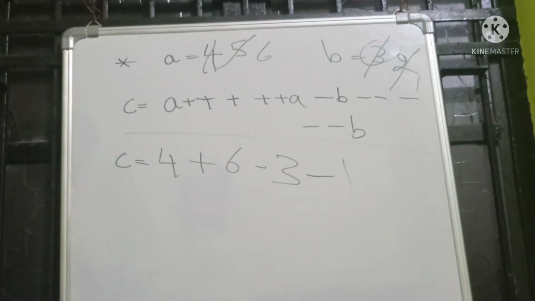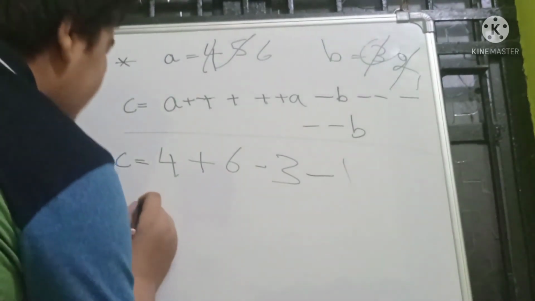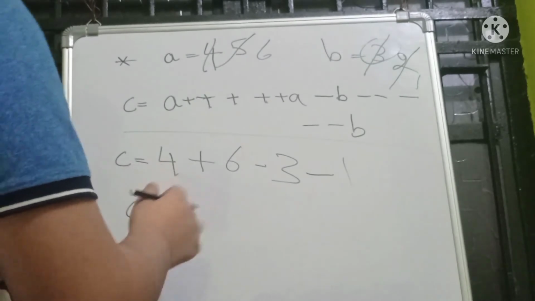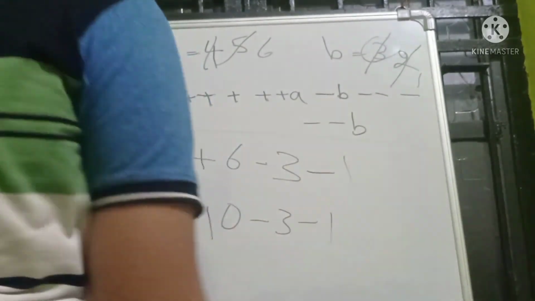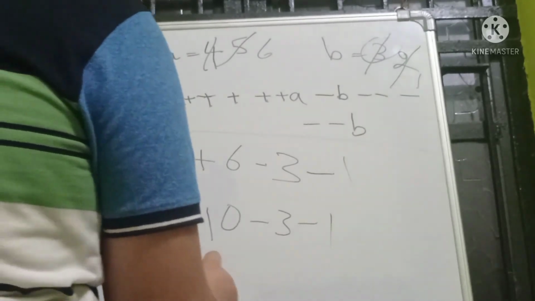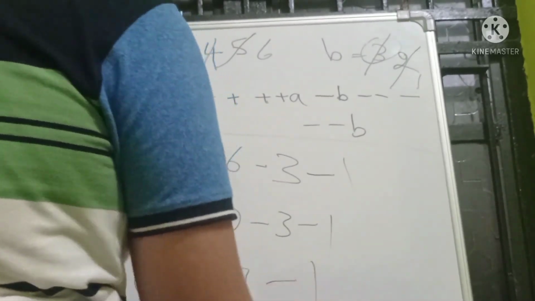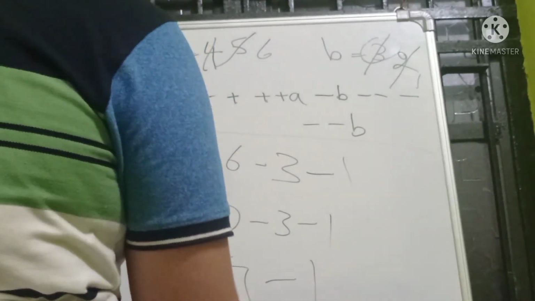Let's see the solution. 6 plus 4 is 10, minus 3, minus 1, 7 minus 1, C is equal to 6.